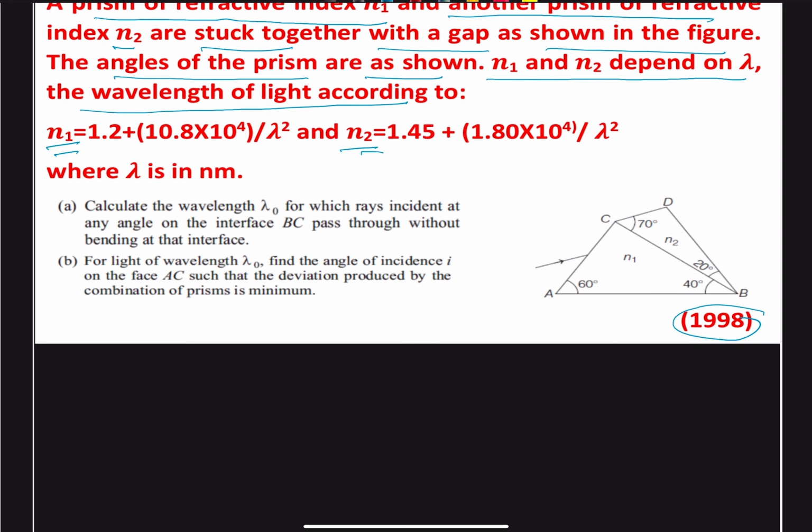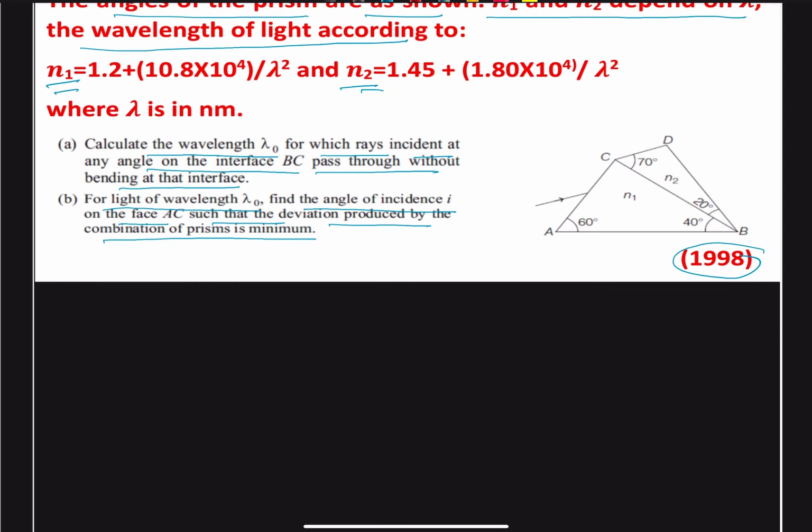First, calculate the wavelength lambda naught for which rays incident at any angle on the interface BC pass through without bending at any surface. And part B, for a wavelength of lambda naught, find the angle of incidence i on the face AC such that the deviation produced by the combination of prisms is minimum.